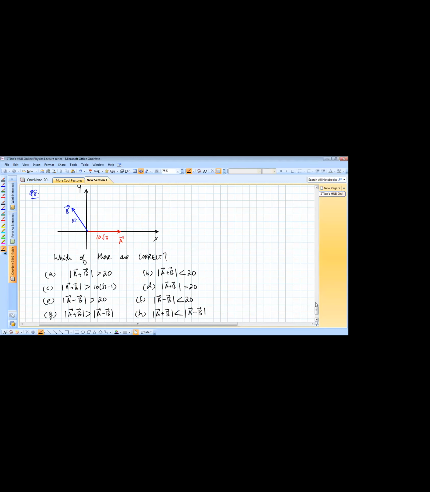Okay, people, let me give you the answers first, and then we will come to what kind of logic you have to apply. I'll just go through each option one at a time. So you can see over here that the value of root of a square plus b square, calculate that first, is 20. Then the value of the sum of magnitudes is 10 into root 3 plus 1, and the value of the difference of magnitudes is 10 into root 3 minus 1.